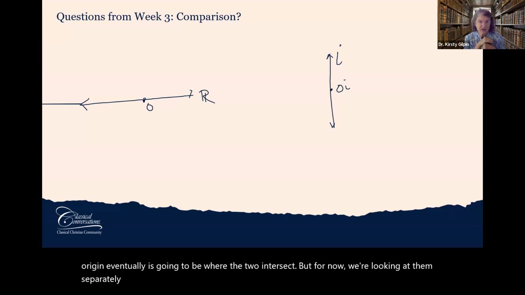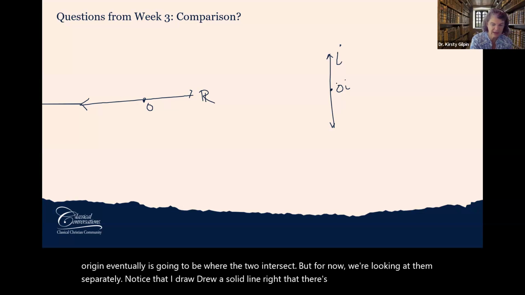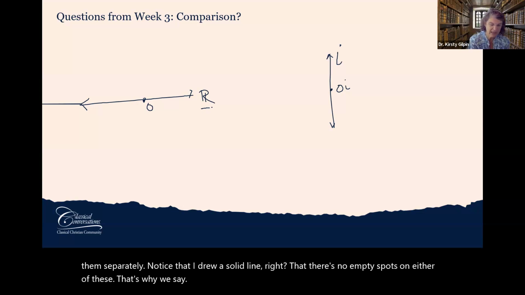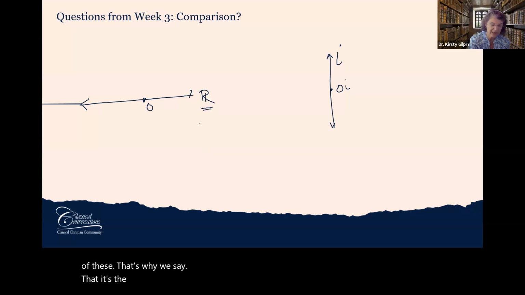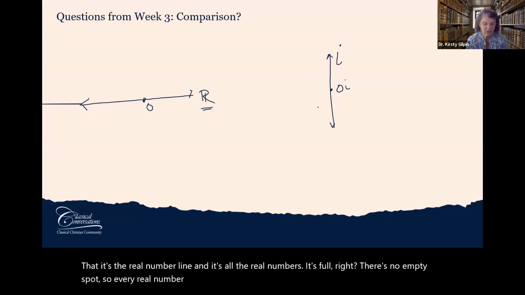Notice that I drew a solid line, right? There's no empty spots on either of these. That's why we say that it's the real number line and it's all the real numbers. It's full, right? There's no empty spots, so every real number. And there's a 1-to-1 correspondence between the reals and the imaginaries.